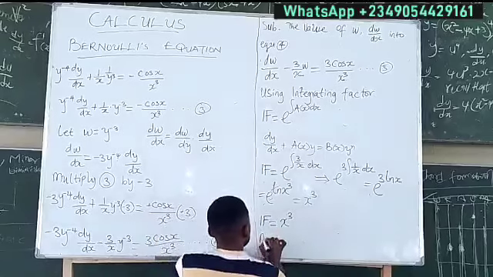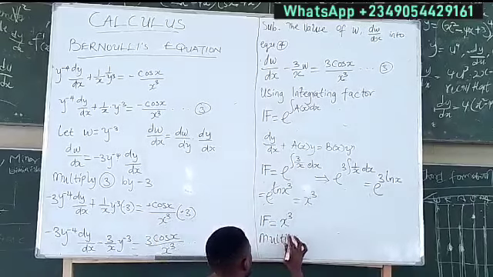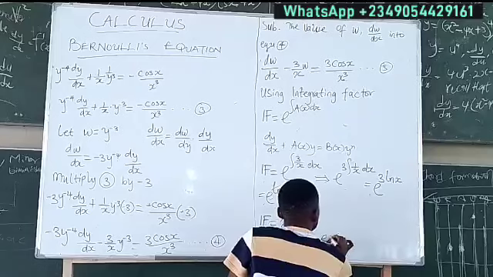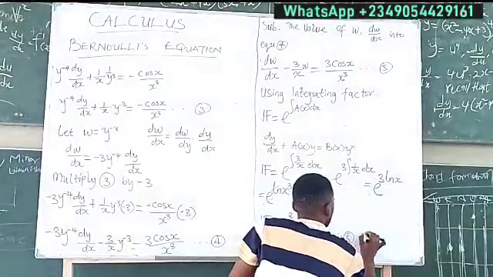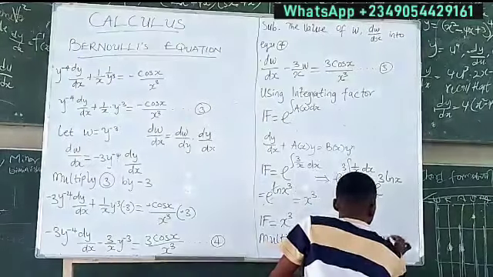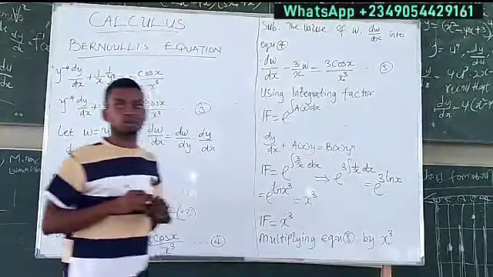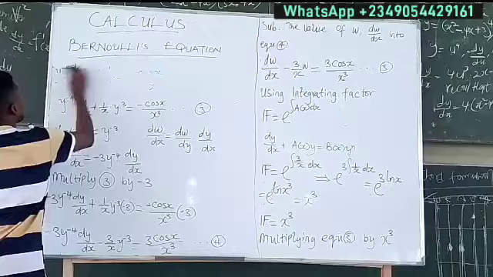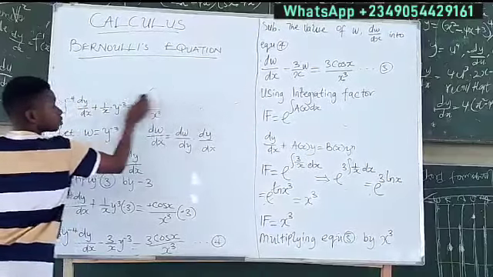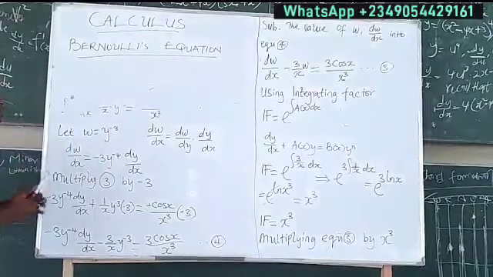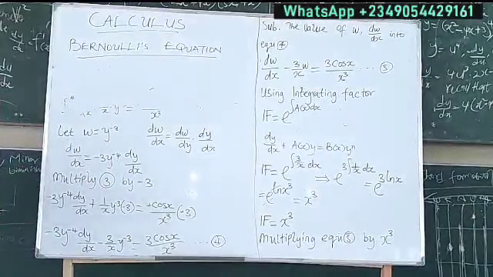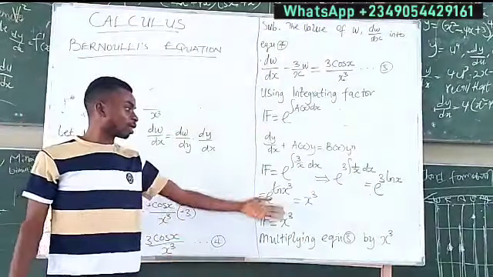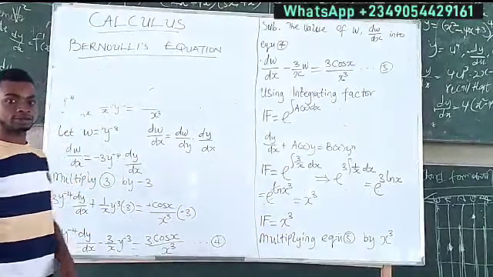Multiply equation 5 by x raised to power 3.